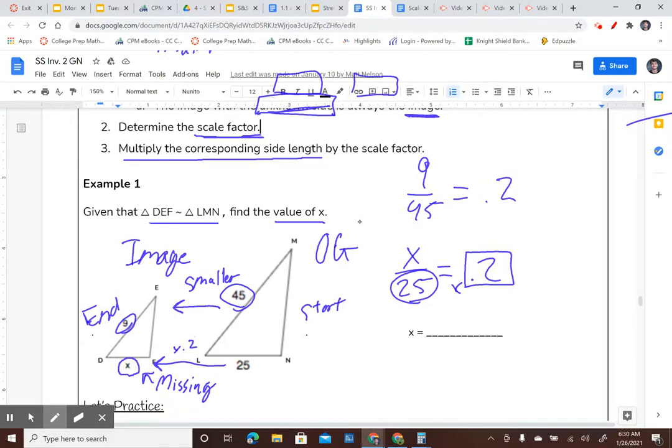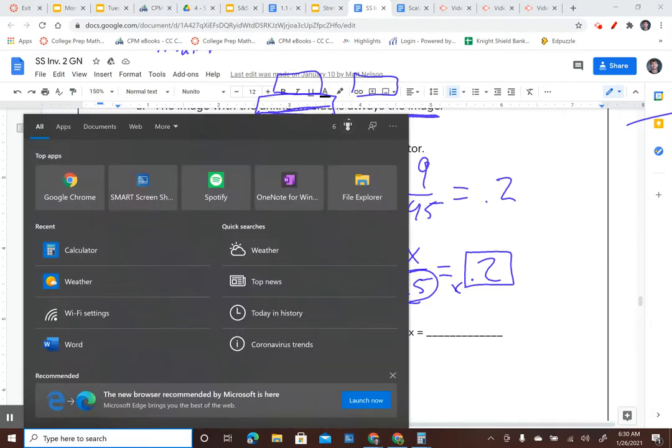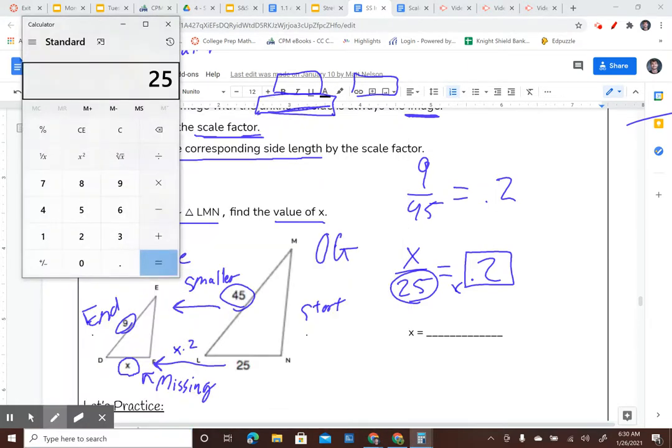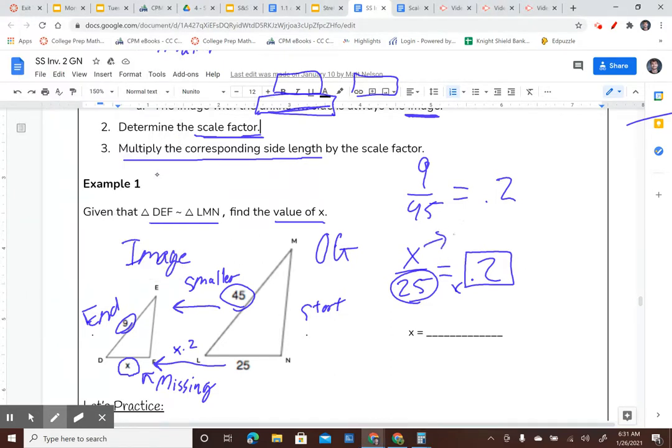Because remember, scale factor is telling you what to multiply the side by. So if I do 25 times 0.2, let's see what that gives me. Five. So x would equal 5.